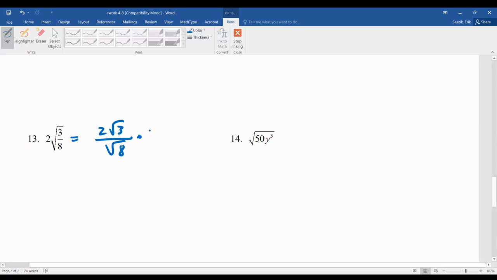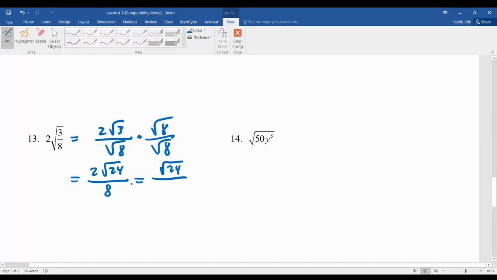So now we can multiply, we have to rationalize. We don't want this in the bottom. This is what we were doing on Monday. So we're going to multiply by root 8 over root 8. So on the top, we get 2 root 24, because invisible 1. Remember, root 8 times root 8 is plain 8.